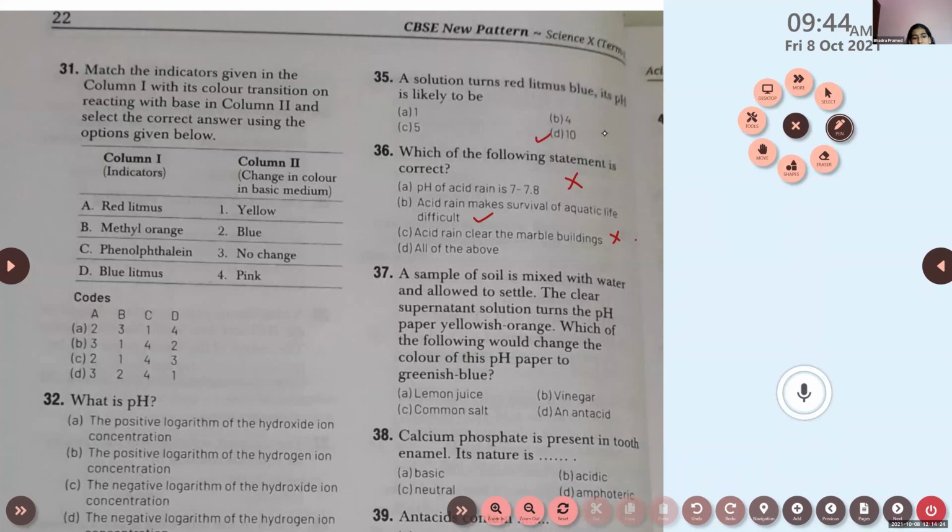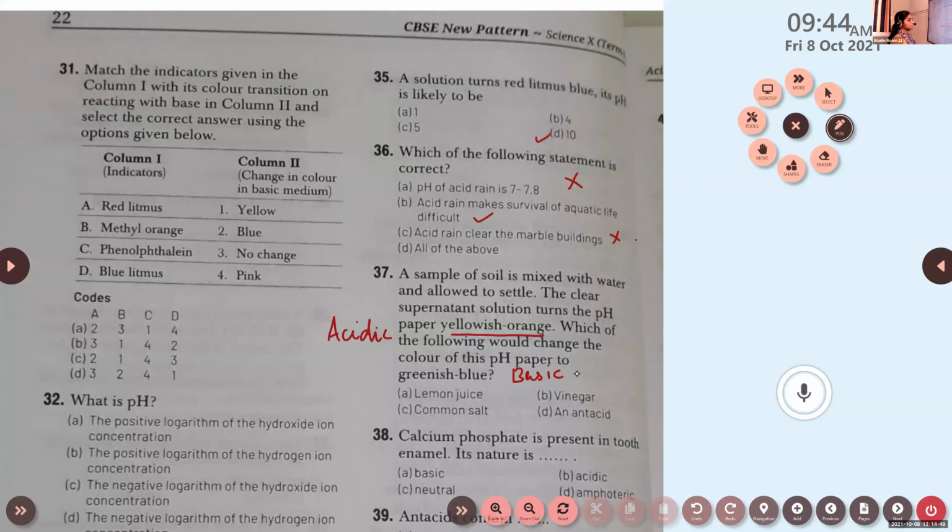Acidic, right? Then greenish blue, that is basic. So in order to convert this one to basic, what will we add?